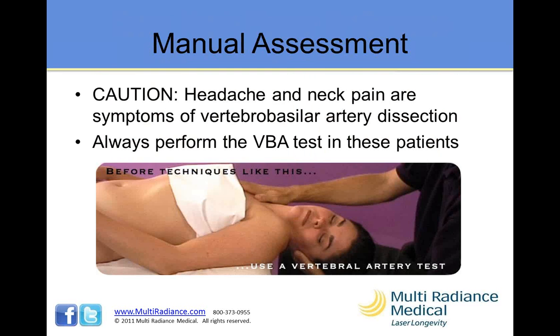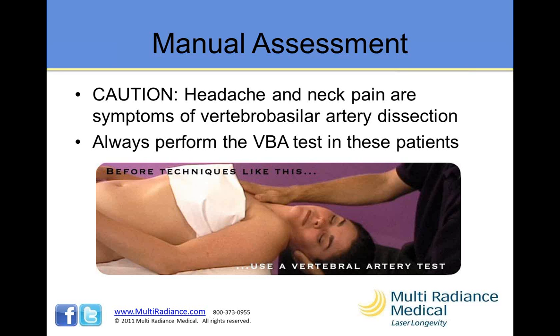The next part of the assessment that we do is the manual assessment. This is an interesting and important point because headache and neck pain, when in combination, can be signs of a vertebral basilar artery dissection. If this is the case, there is a possibility of someone eventually getting a stroke from a subsequent manipulation.